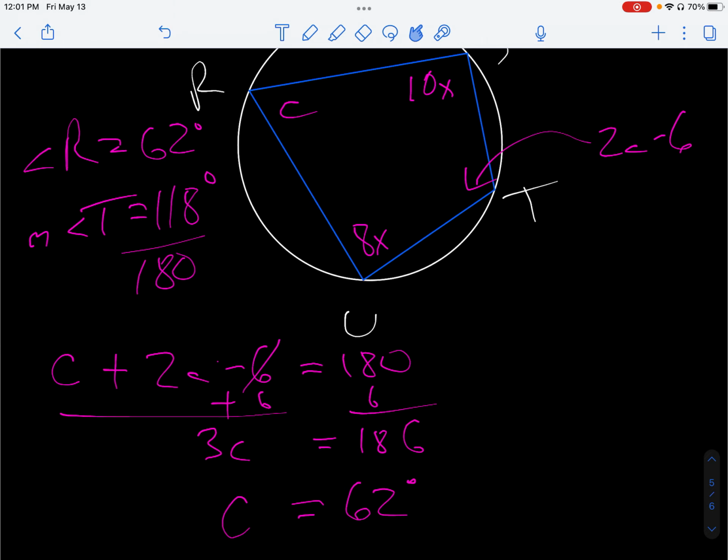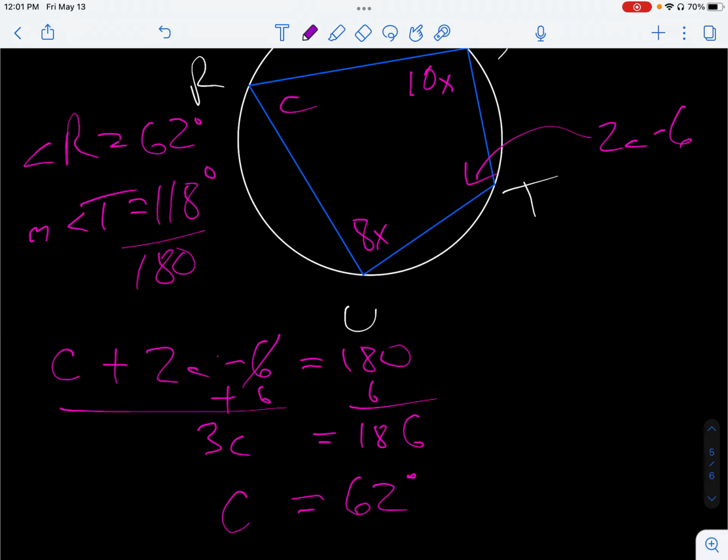And let's solve for U and S. Well, this is real easy because we have 8x plus 10x equals 180. 18x equals 180. X equals 10.